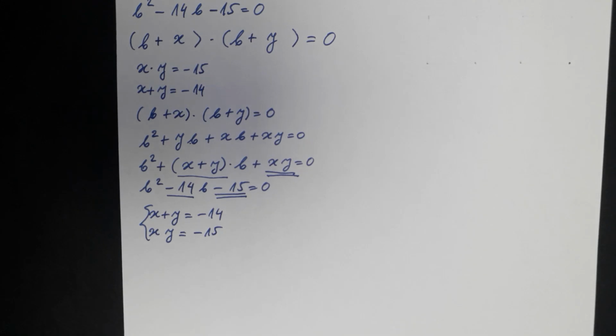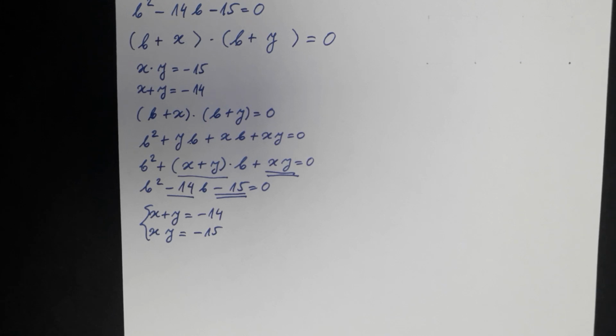Let's now go back to solving our problem. As you remember, we have to find x and y, and we are going to find them as solutions of this 2 by 2 system of equations. As you can see, when we multiply x and y, we get negative 15, which means that exactly one of these two numbers has to be negative and the other one has to be positive.